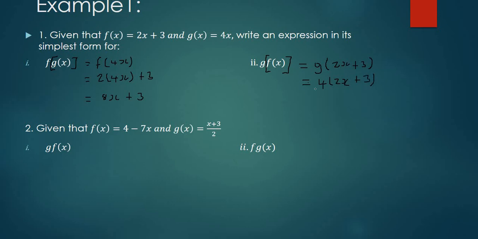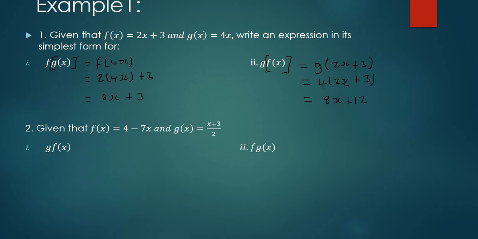All we need to do is to apply the distributive law and we're finished. So 4 times 2x, that is going to give us 8x. And 4 times a positive 3, that's going to give us a positive 12. And we are finished there.